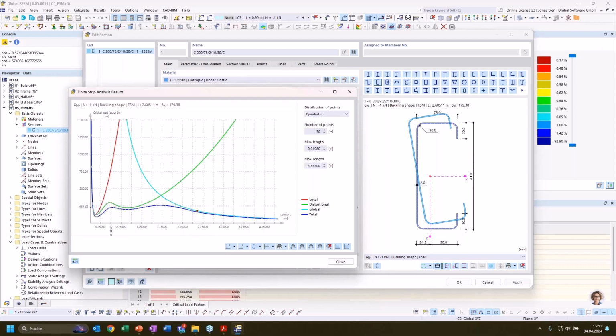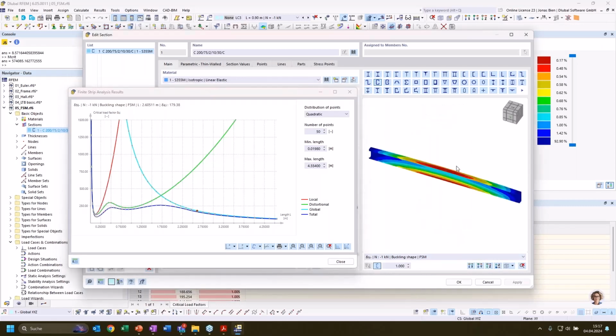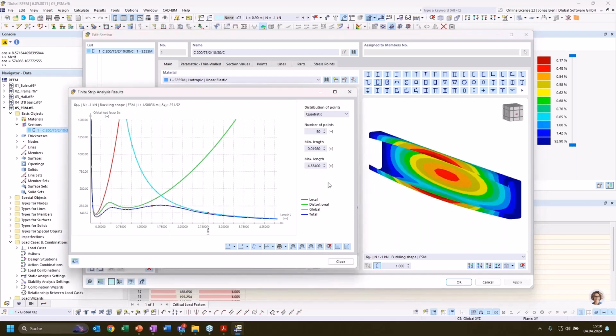And one newly added feature is that we can not only display the results of the cross-section, but we can also directly investigate the deformation of our member with a respective length in 3D.